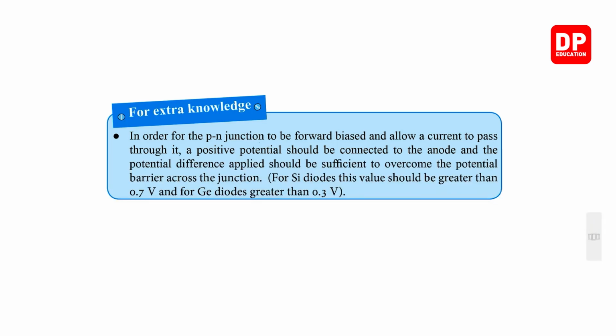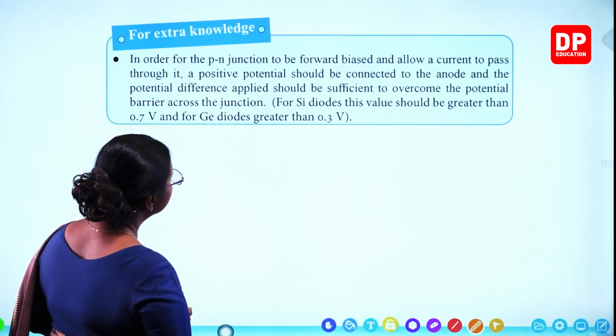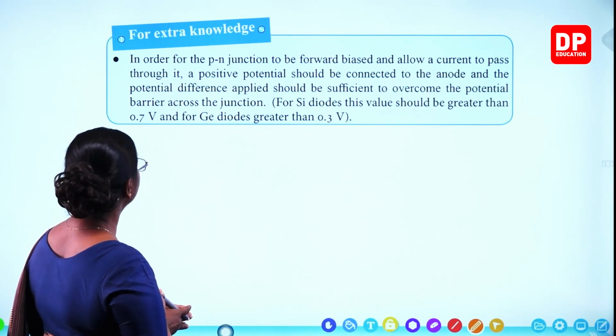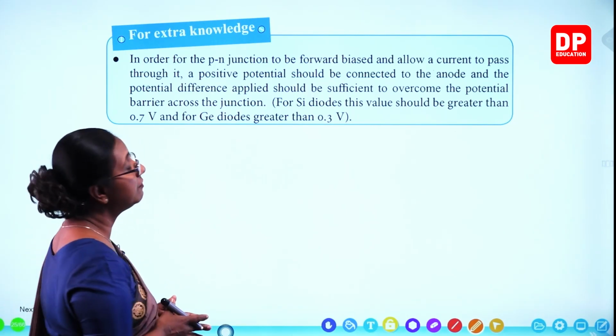So before that, we have an extra knowledge slide. So in order for the PN junction to be forward biased and allow a current to pass through it, a positive potential should be connected to the anode and the potential difference applied should be sufficient to overcome the potential barrier across the junction. So for silicon diodes, this value should be greater than 0.7 volts and for germanium diodes greater than 0.3 volts.